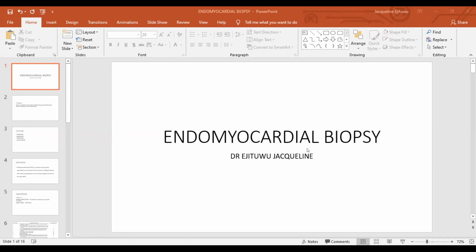Okay, it looks like Okopi has dropped out of the call. So there's the silence of the graveyard. I don't know, it's either we are all very comfortable and do not have anything that we need to seek clarification of from Dr. Jacqueline, or we have become more confused that we don't know how to start.